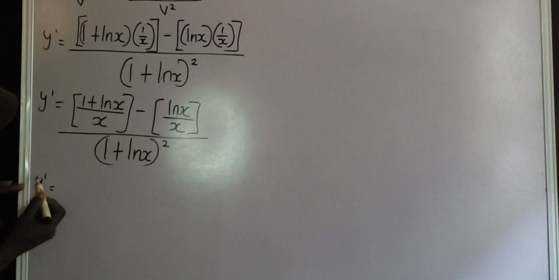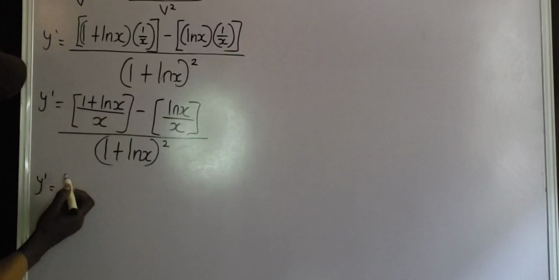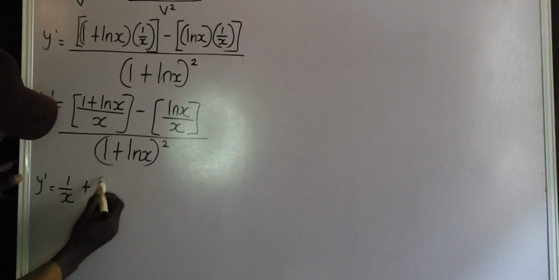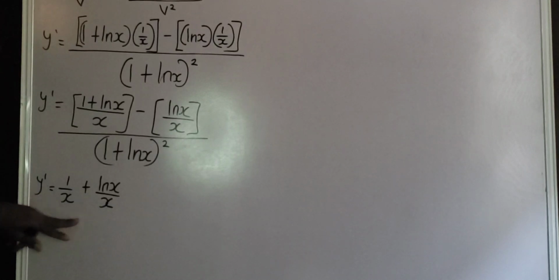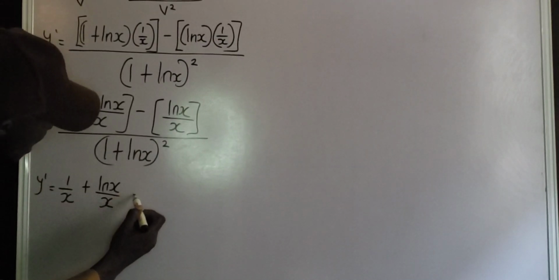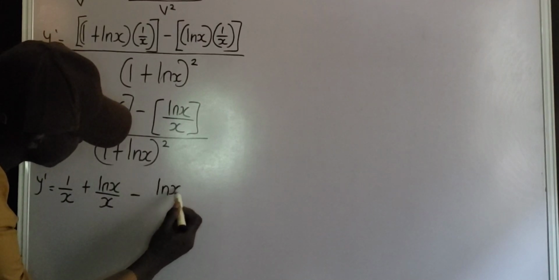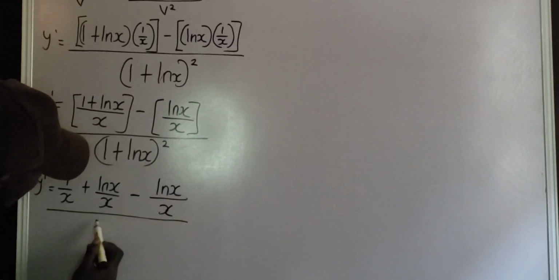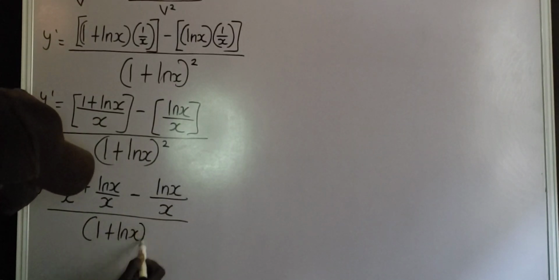Now, 1 plus ln x all over x can be written as 1 over x plus ln x all over x, because if you take the LCM, you are still going to get the same thing. So it can be written as this, minus ln x all over x, all over 1 plus ln x squared.